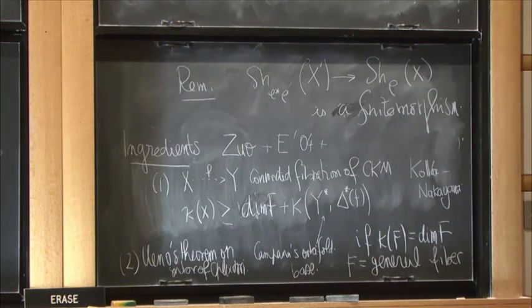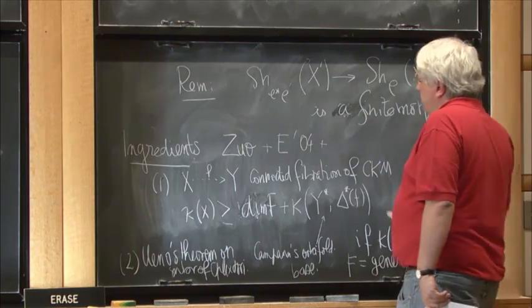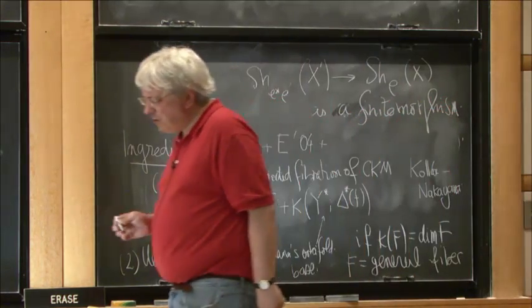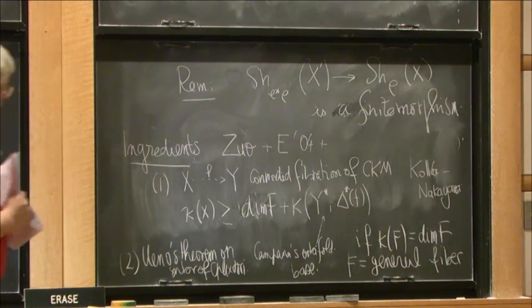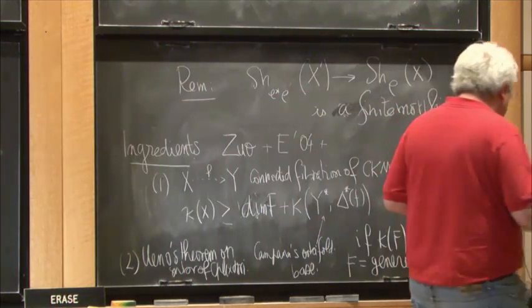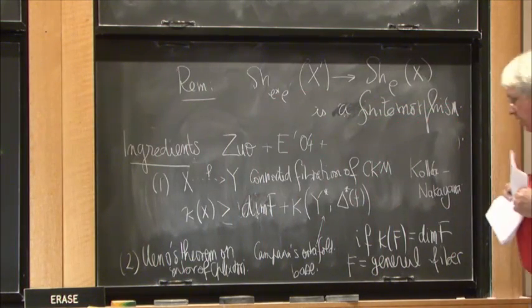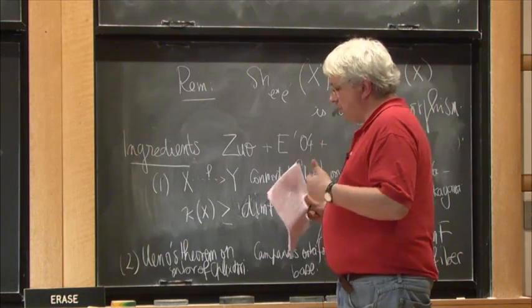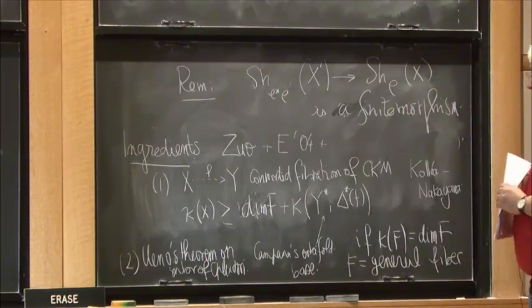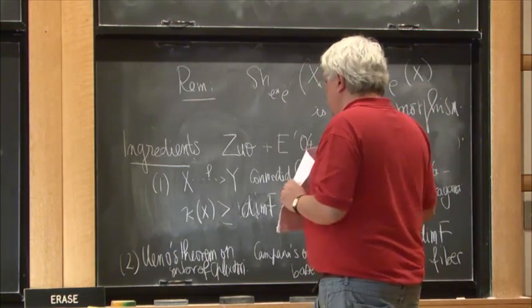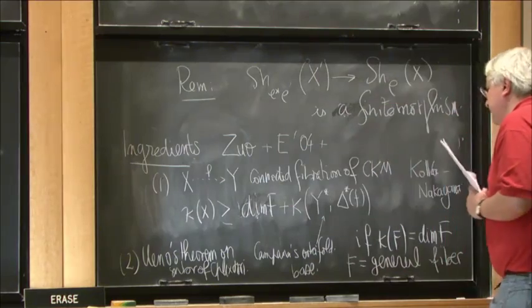In fact, it's more a variant due to Kawamata, so that when we have a variety which is finite over a complex torus, then its Iitaka fibration, so the map corresponding to pluricanonical forms, is base point free.